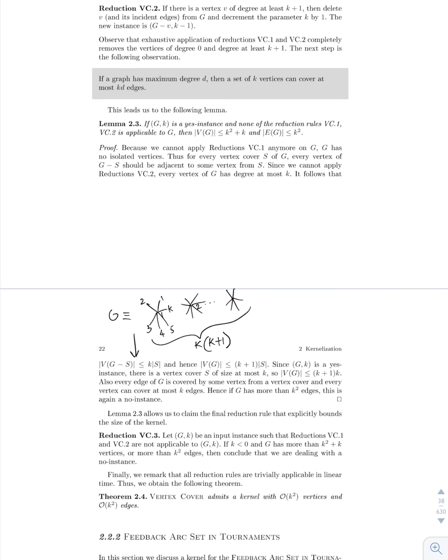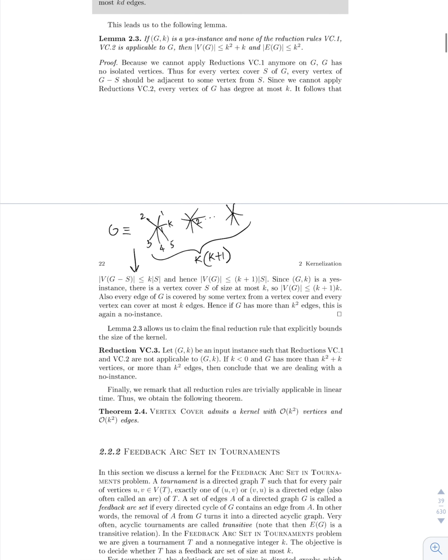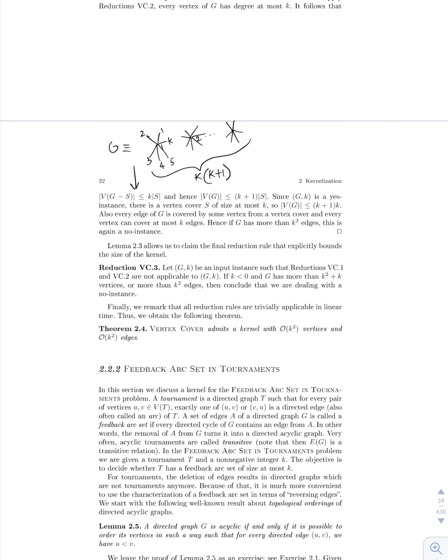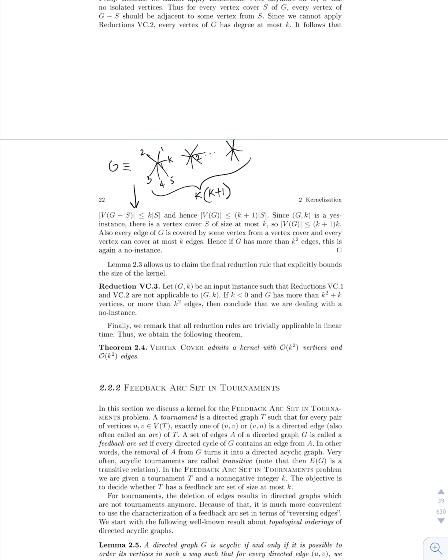For instance, if my k is 2, it's not necessary. So what I then have to do is consider each combination of the vertices present here. That will be 2 to the power k number of subsets, and for each combination of vertices I will have to see whether that is a vertex cover or not.